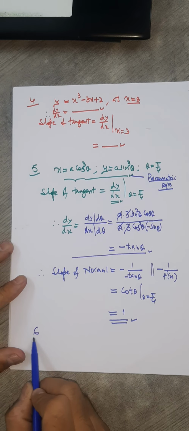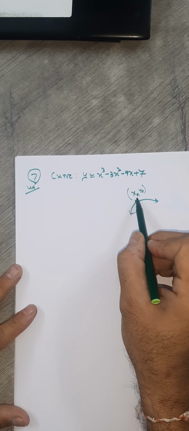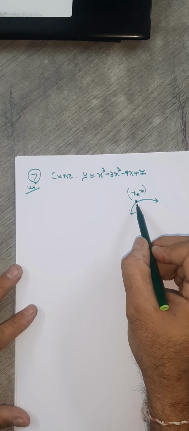You don't want the slope of the tangent. You want the point on this curve, this is for example the curve. You need this point here, let me call it x0, y0. Find this point in such a way that the tangent drawn here must be parallel to x-axis.